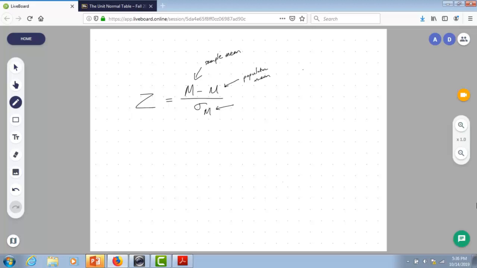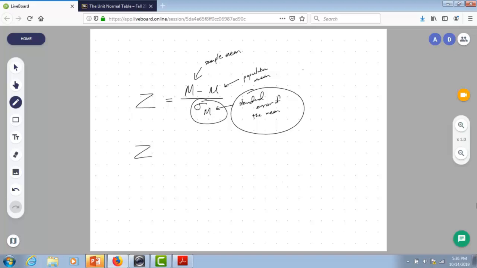And this is the standard error of the mean. Keep in mind that all of this represents the standard error of the mean. In other words, you won't be taking the population standard deviation and multiplying it by the sample mean. Think of this uppercase M as a subscript to the population standard deviation symbol. All of this is the standard error of the mean.